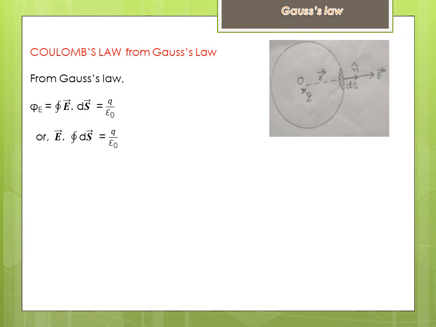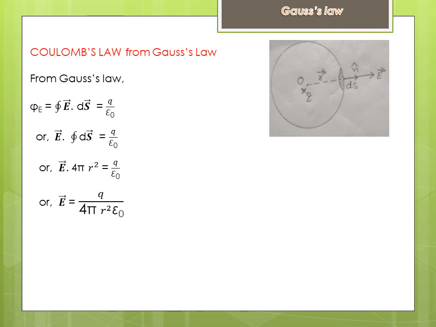Or we can say vector E dot surface integral ds is equal to Q by epsilon naught. And here the sum of all the element areas constituting this sphere will be 4 pi r square. So this term will be E times 4 pi r square equals Q by epsilon naught. So E equals Q by 4 pi r square epsilon naught.